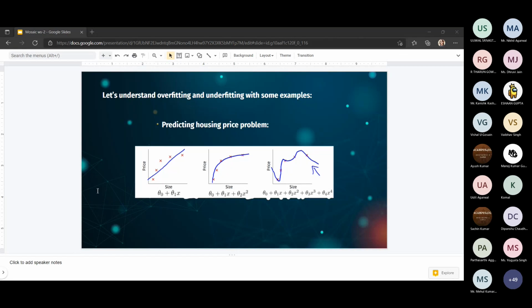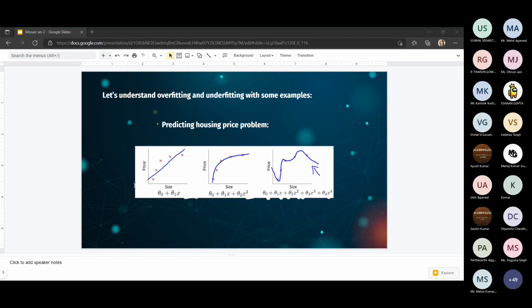So the problem of overfitting comes when we have too many features, such that the learned hypothesis may fit the training data set very well. That is, your cost function may actually get close to zero, or maybe even zero sometimes.